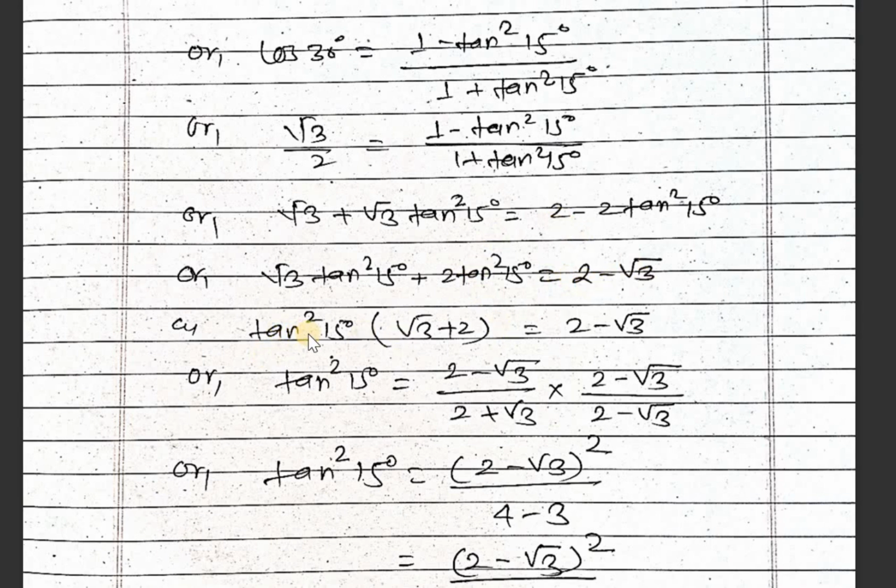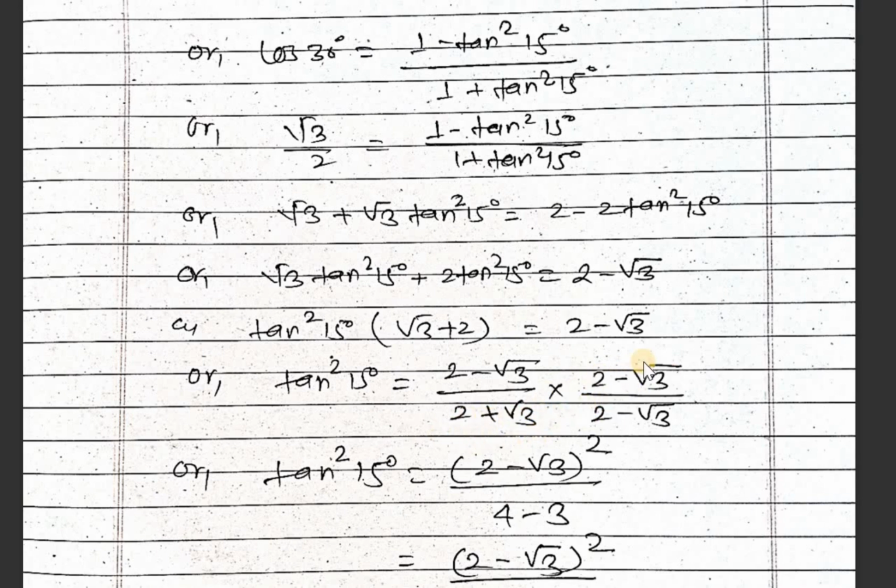Taking tan² 15 common, tan² 15 (root 3 + 2) = 2 - root 3, and tan² 15 = (2 - root 3) upon (2 + root 3).